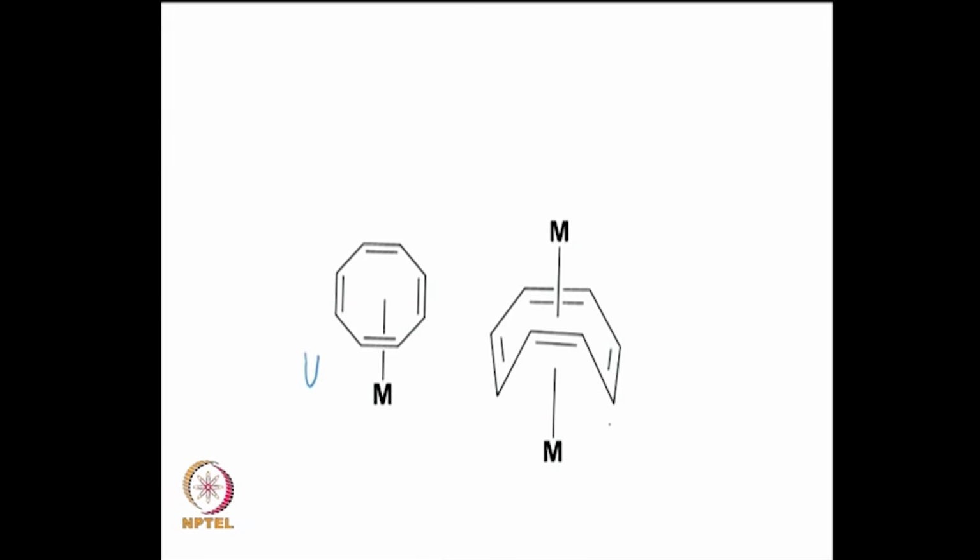Here is an example where the metal atom is interacting as if from the top and bottom of the cyclooctatetraene, and it looks as if it is sitting in the same position, but in fact, one metal is interacting with the carbon atoms which are pointed downward, and the metal on the top is interacting with the carbon atoms which are present on the top.